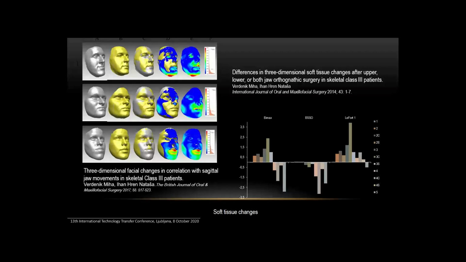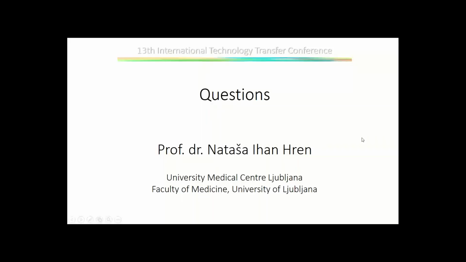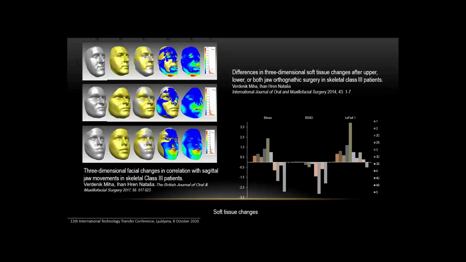We were the first group in the world to publish that facial soft tissues react as one unit. That means that soft tissue changes occur also in the areas where underlying bones were not changed during the surgery. And that was very important data for our field of surgery.